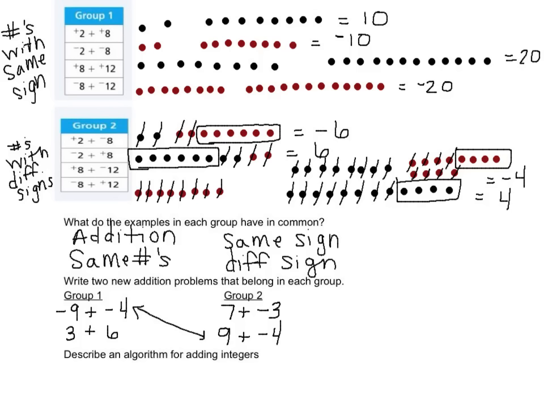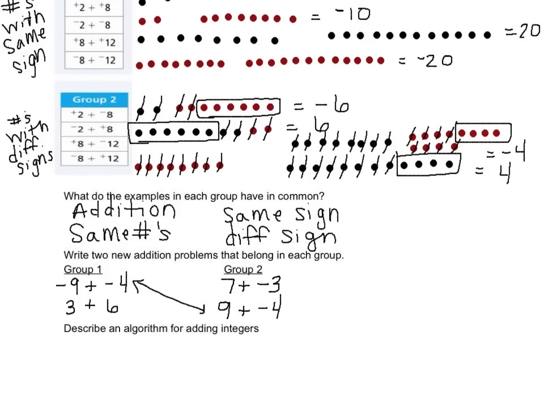Alright, so we need to now describe an algorithm for adding integers. What you should be seeing is for group 1, for numbers that have the same sign, you need to add like normal. So go ahead and write that down. Numbers with the same sign, and you classify that as group 1.